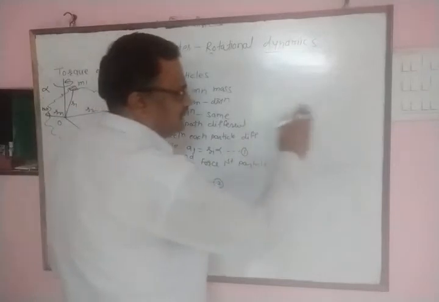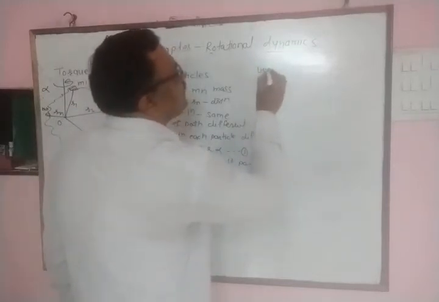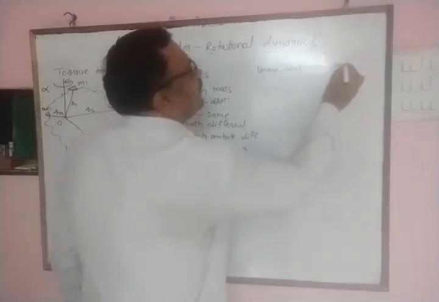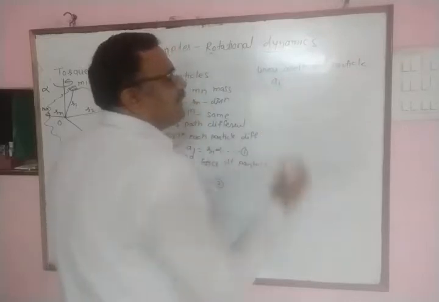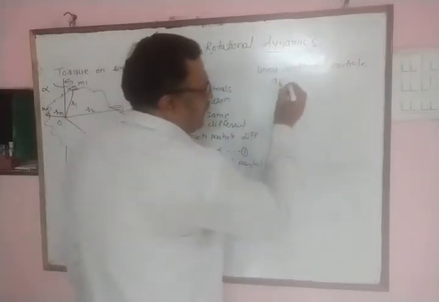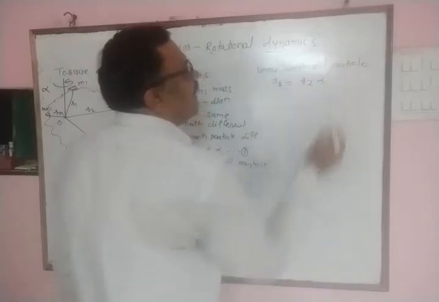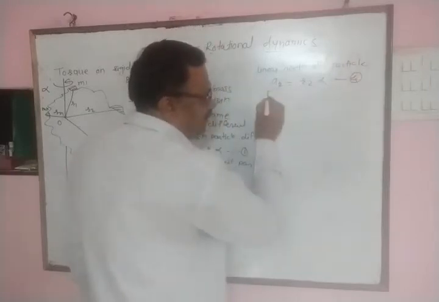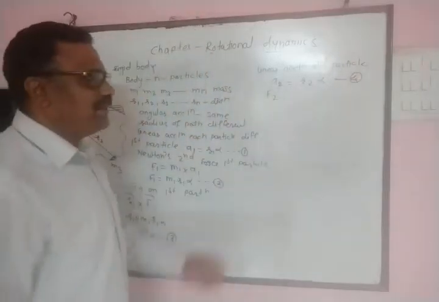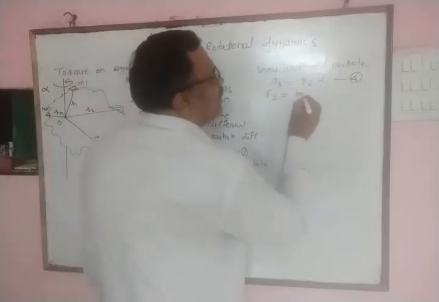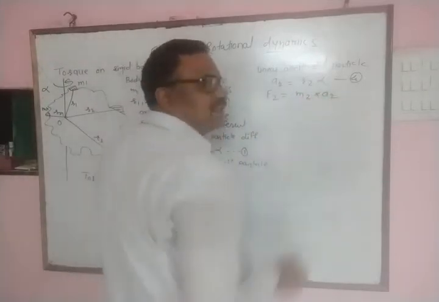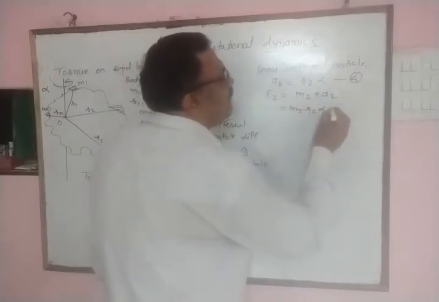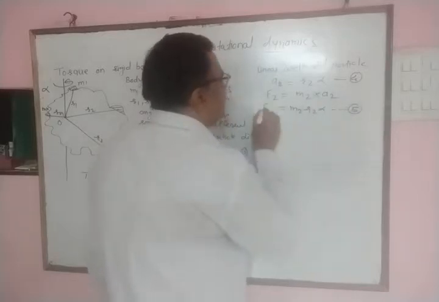Now consider linear acceleration of second particle. It is denoted by a2, and a2 is equal to r2 into alpha. Now, by Newton's second law, force acting on the second particle is equal to product of its mass and acceleration, m2 into r2 into alpha. This is force acting on the second particle.